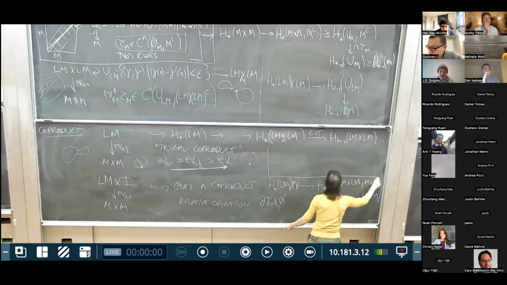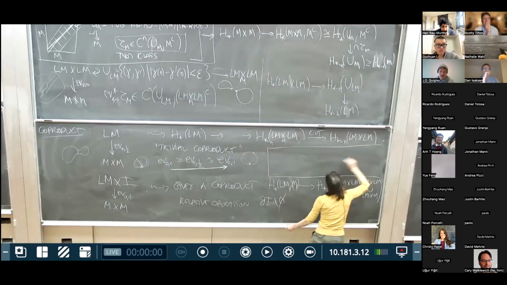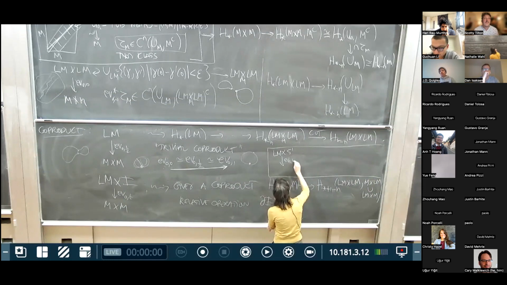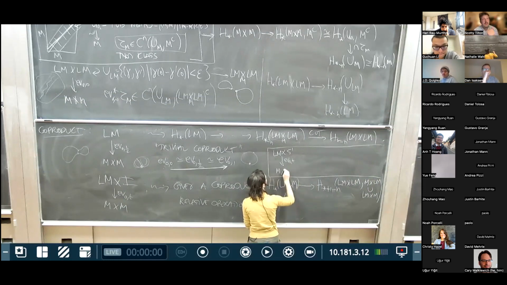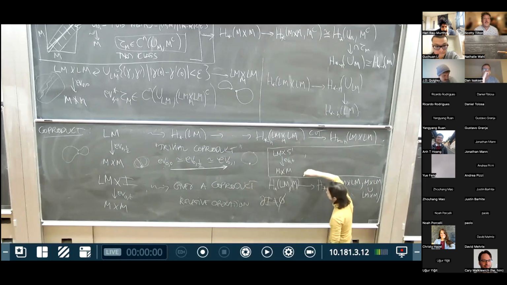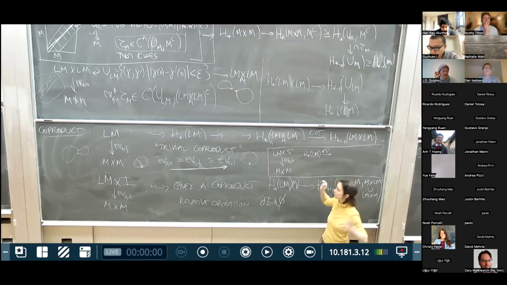Instead of using the interval, I could use LM cross S1 and use the evaluation at 0 and t in the very same way. So this is a well-defined map, and I can play the same game as before. In some sense, the relative term, if you write things down, you take homology of LM and then you cross with S1 instead of crossing with the interval, and I have no boundary, no problem.